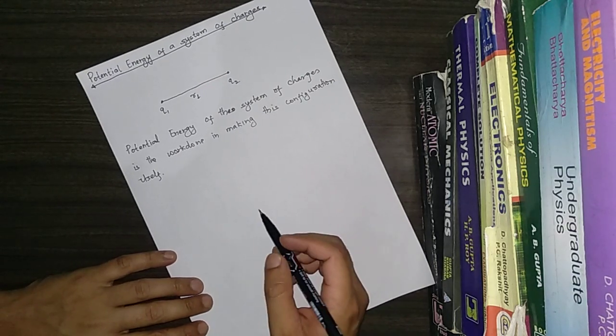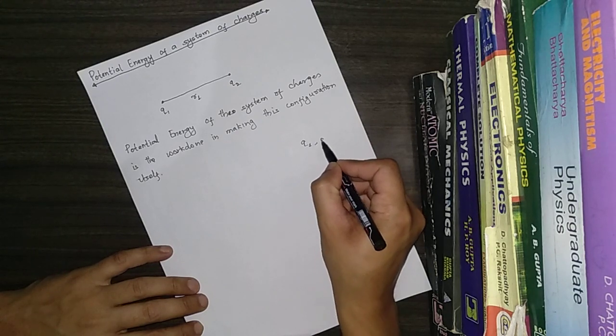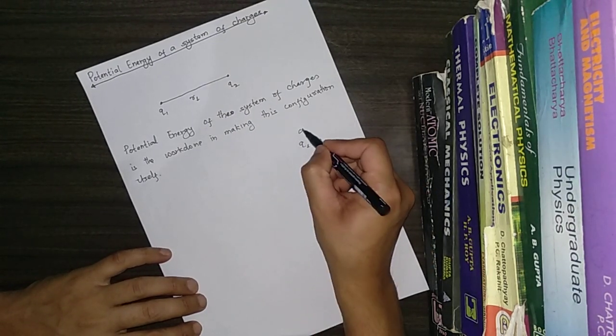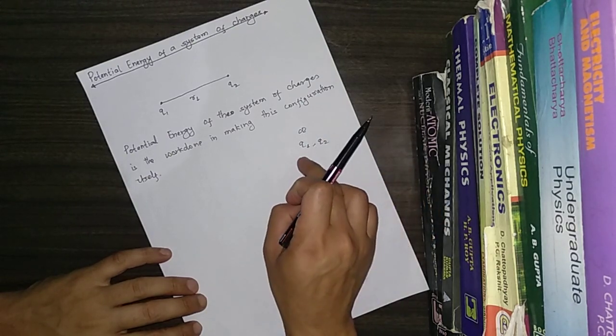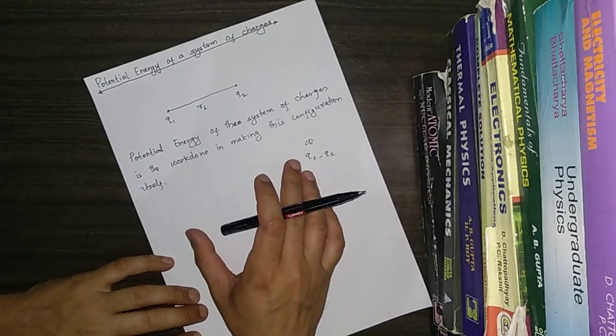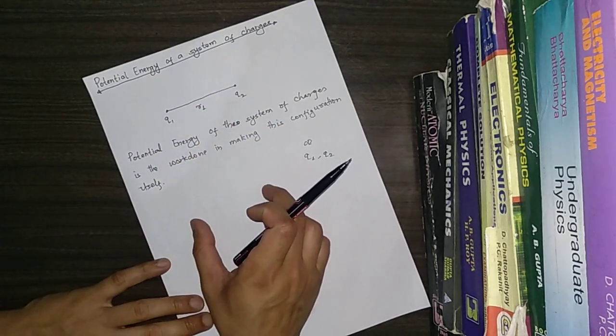So firstly, suppose I have some charges Q1, Q2 out here at infinity. So I will bring them to their respective positions like this and find the total work done in placing them in their respective positions.